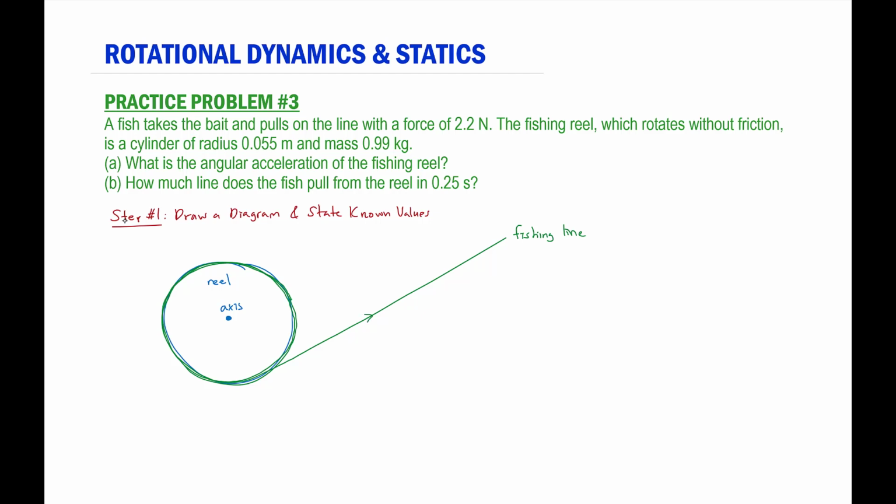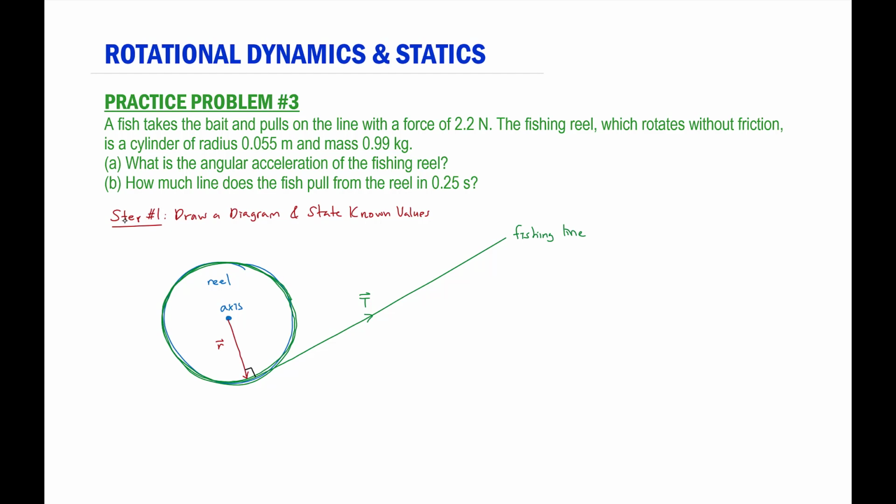We know that there's some sort of tension from the fishing line, and if we draw the distance vector here and call this r, it is at a direct right angle to our tension force or tension vector.